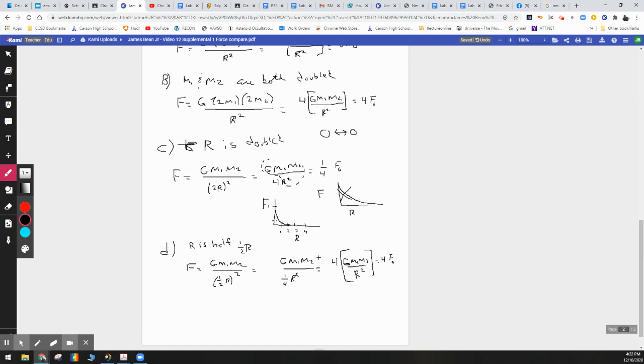Okay, so that's called an inverse square relationship, and this is a good technique to be aware of and be able to use. In fact, let's let you guys do this on Edpuzzle. Here's a question for you. Doing the same thing here, what happens if r is, let's say, doubled, and m1 and m2 are doubled as well?